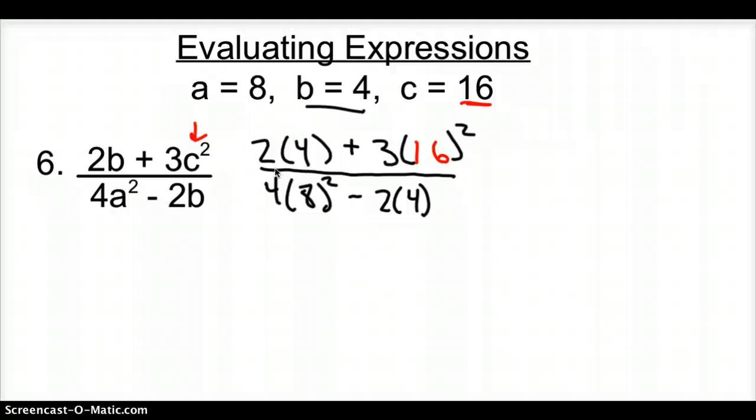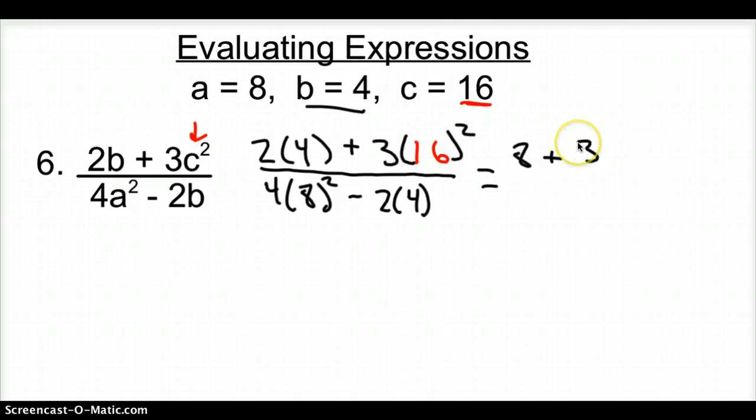So next, I'm going to do a couple steps at the same time. Let's see if you can follow along this. Since this addition sign is in the middle, I'm going to multiply this out first. So I have 8 plus, and now I'm going to do this exponent here.